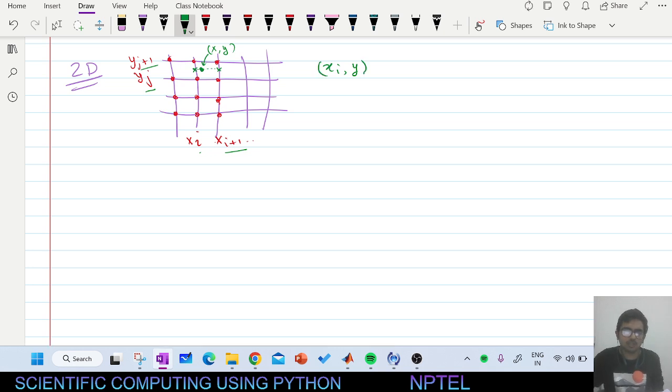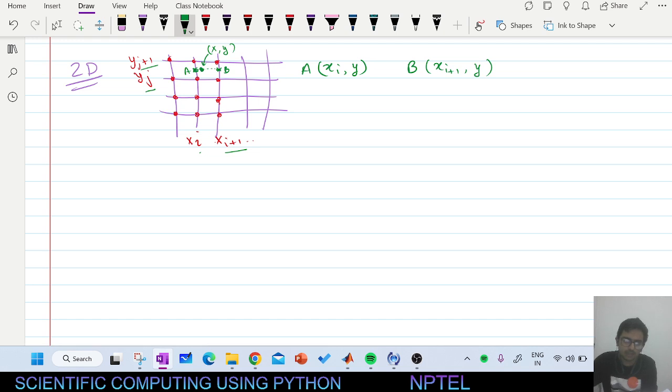So first we get these points A and B. A will be xi comma y and B will be xi plus 1 comma y, and we pretend that we know the values at these 2 points, even though we really don't.